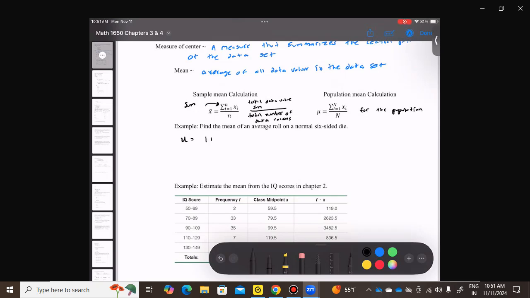So 1 plus 2 plus 3 plus 4 plus 5 plus 6 over the 6 sides. So that'd be 3, 6, 10, 15, 21 over 6, which is 3.5. That is your population mean there.